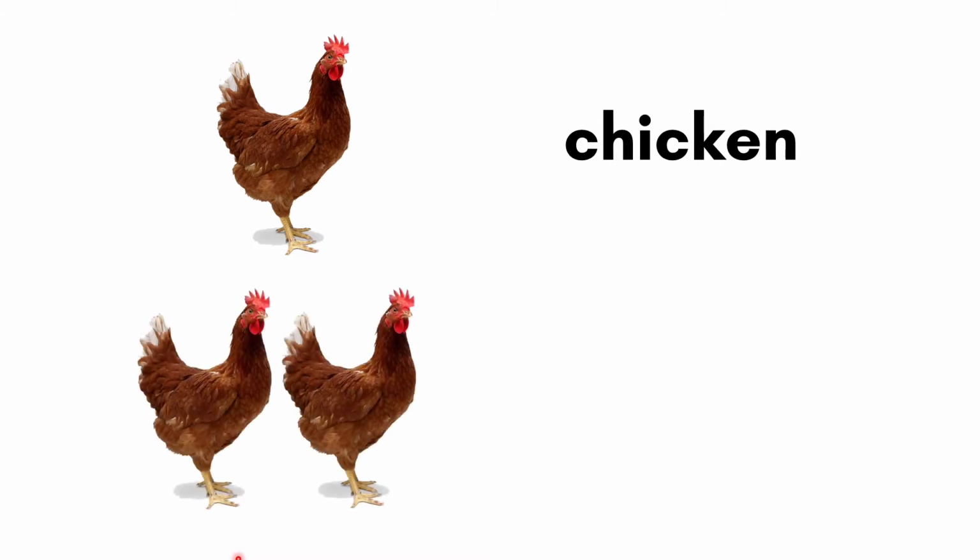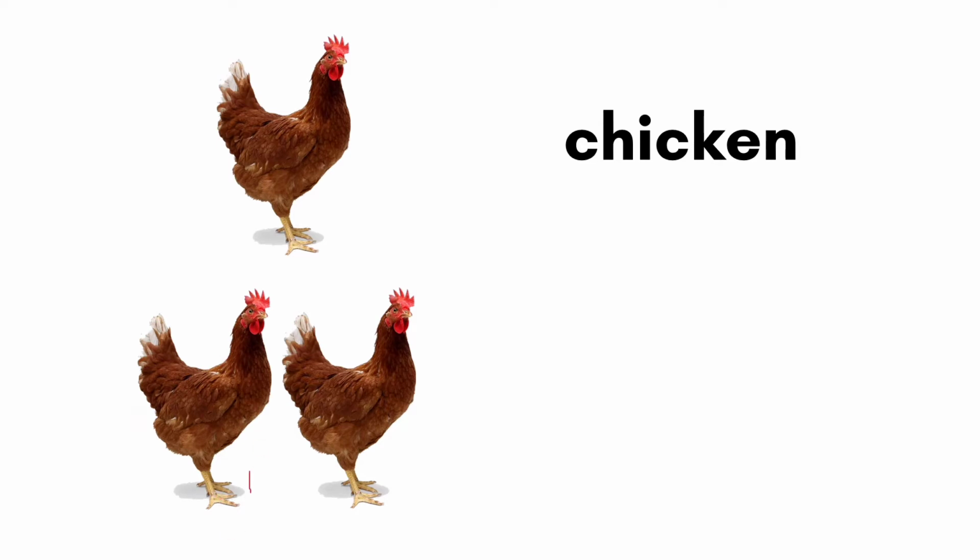Alright, so for the next animal, I know you know this one. Ta-da! So what is this animal? Chicken. That's right. So what do we call it if we have more than one chicken? How many chickens are there here?